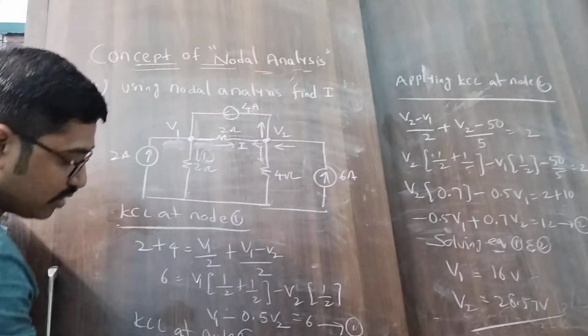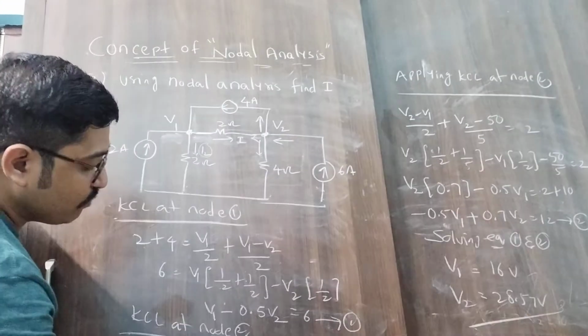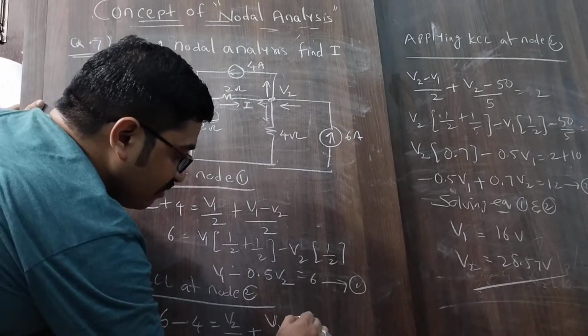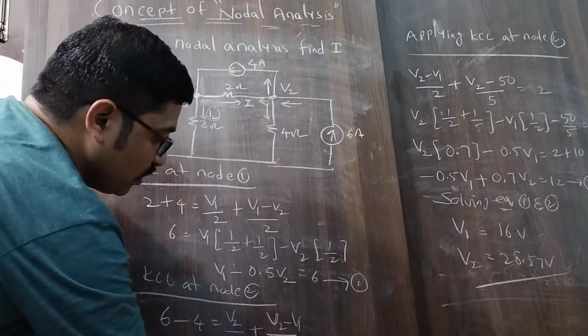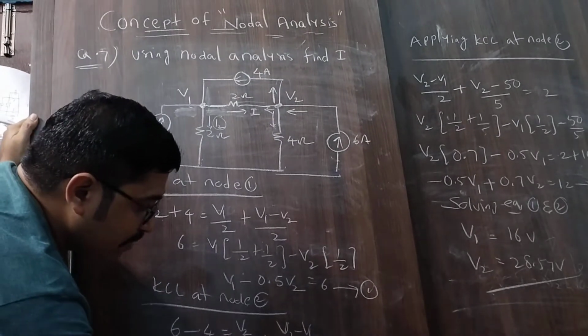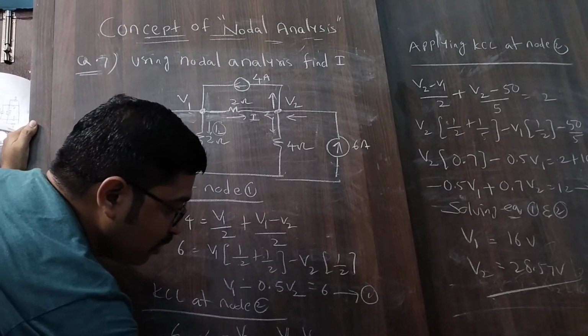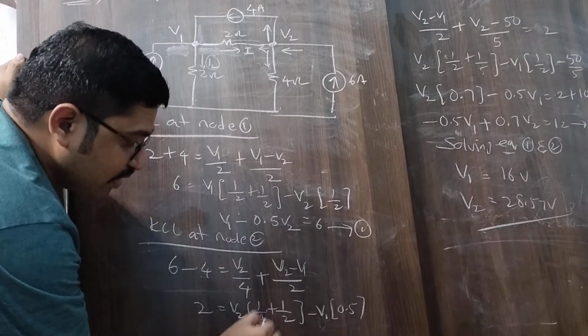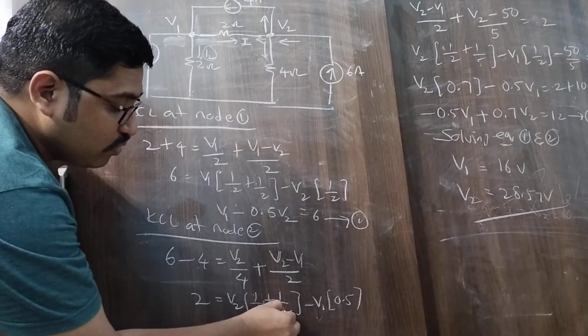So how to write the equation? V2 divided by 4 plus V2 minus V1 divided by 2. So 6 minus 4 will be 2. Taking V2 common, 1 by 4 plus 1 divided by 2, minus V1 into 0.5. 1 by 4 is 0.25, and 1 by 2 is 0.5.